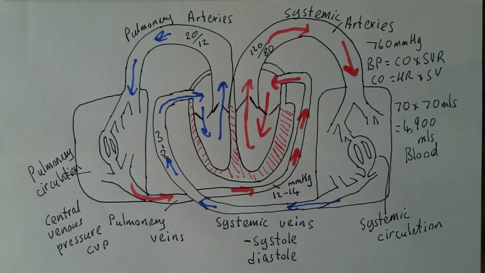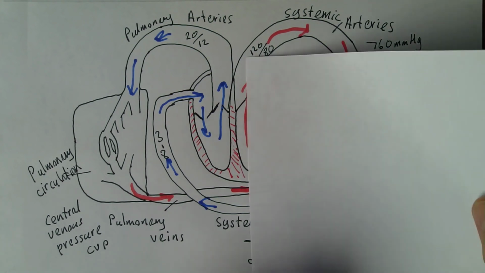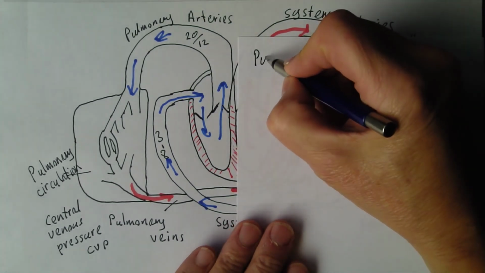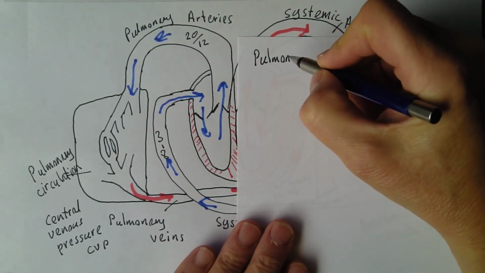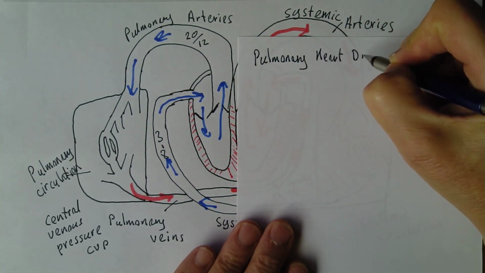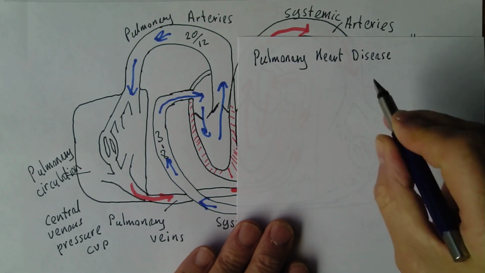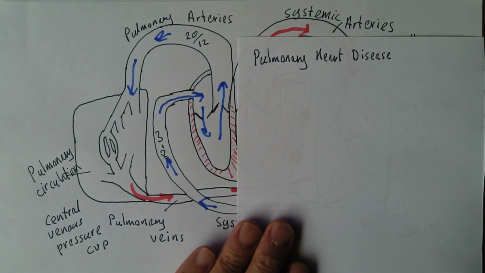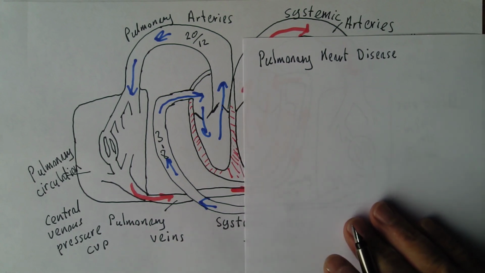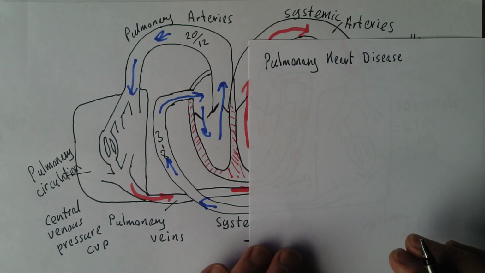Now what I want to do now is look at some abnormalities of this system. And I think we'll start with the pulmonary arteries and work round. So for example, there's a condition called pulmonary heart disease. In the old days, this used to be called cor pulmonale. And there's two forms of pulmonary heart disease.